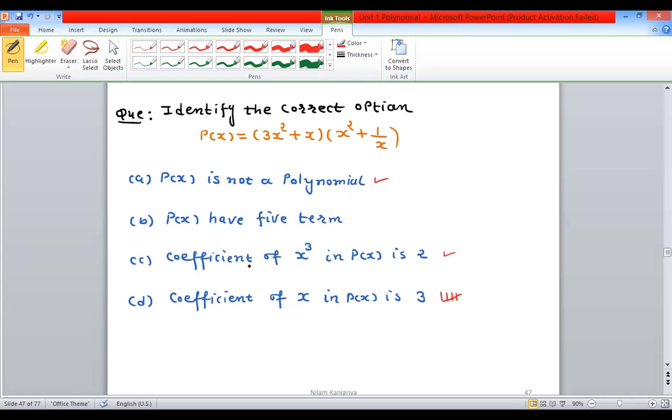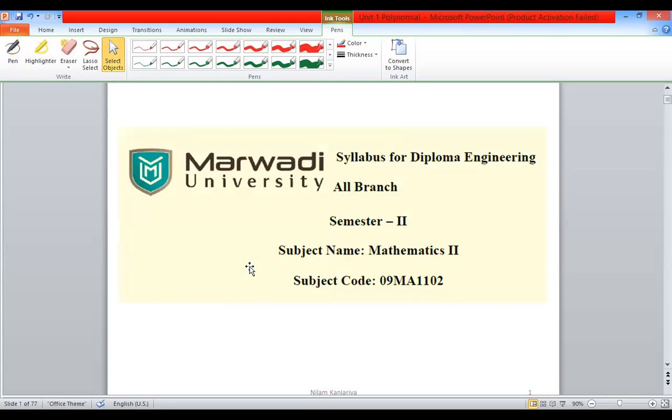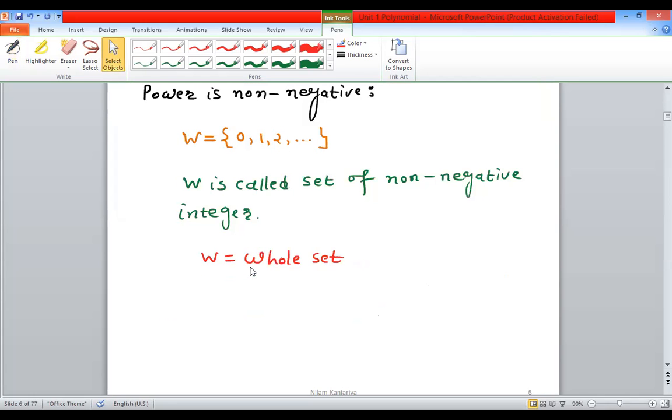Okay, right, 100% right, but I want to remind you one step more. I told you the power is always a non-negative integer.